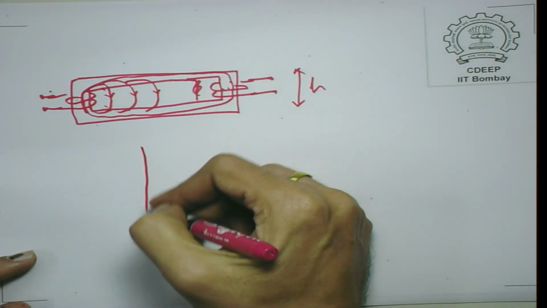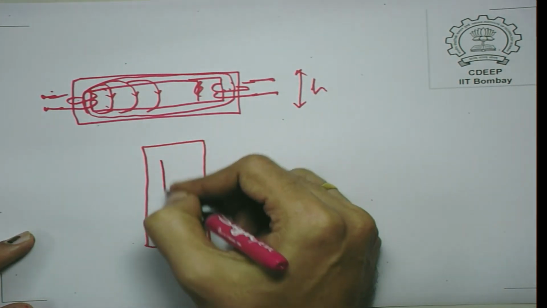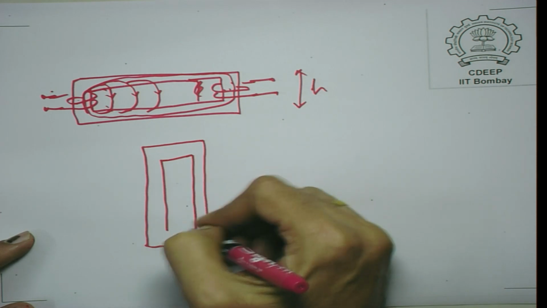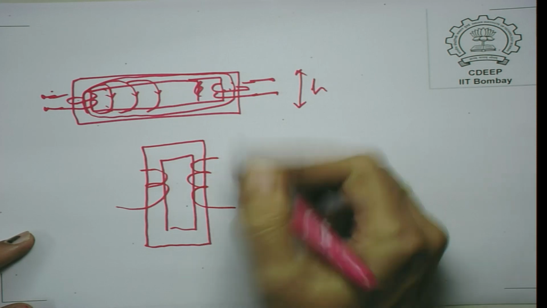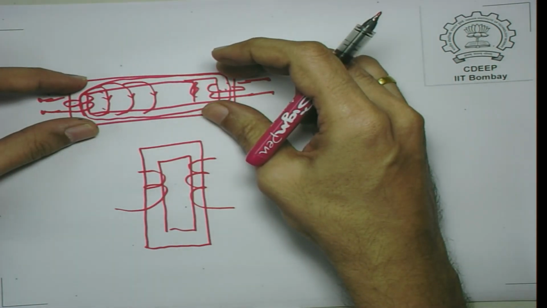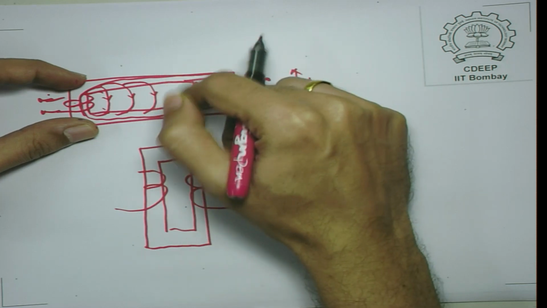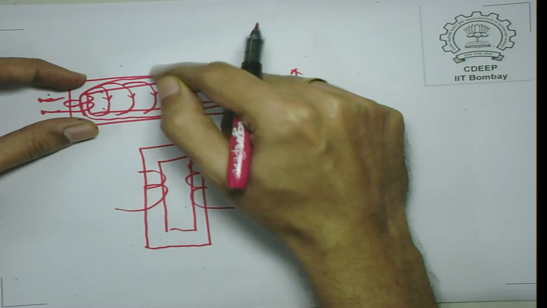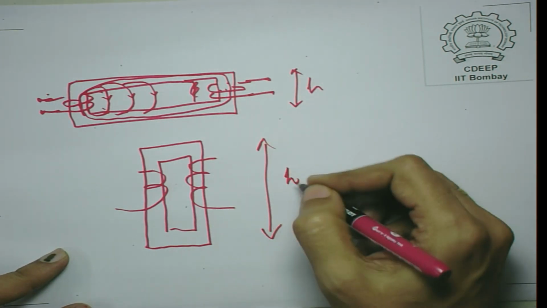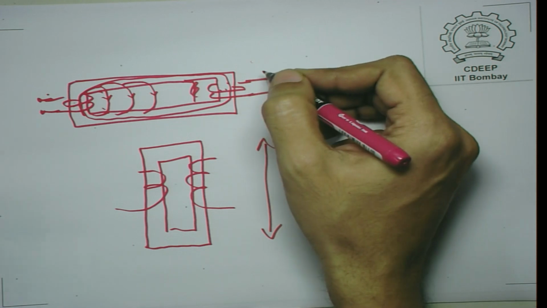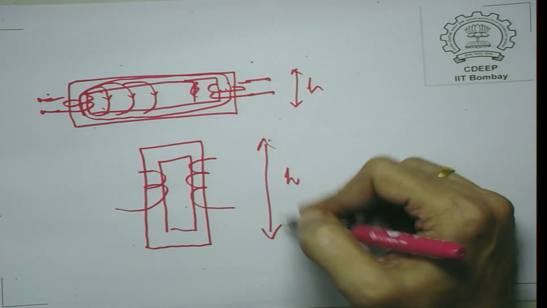When you compare it to a transformer of the same rating, but where I have wound the windings on these limbs instead. So, you can say this is a taller transformer or a thinner transformer. I will call this one fat, although I really mean short, and this one tall, that means the winding is wound on the tall limb.